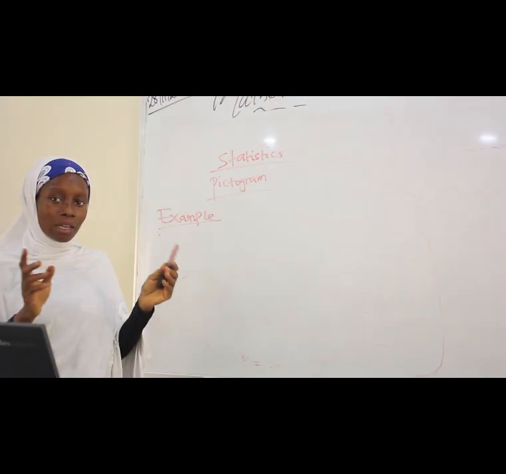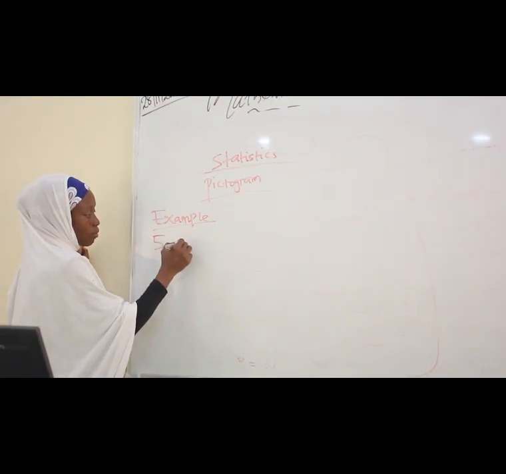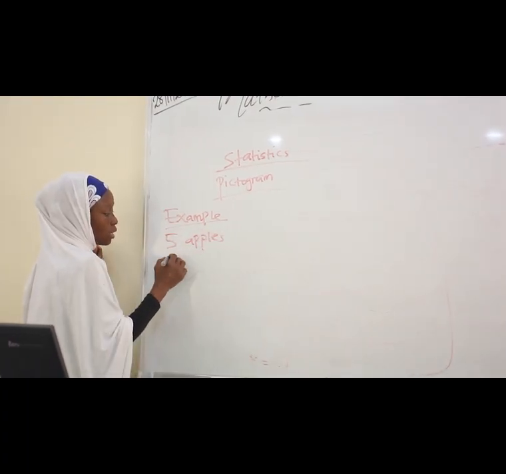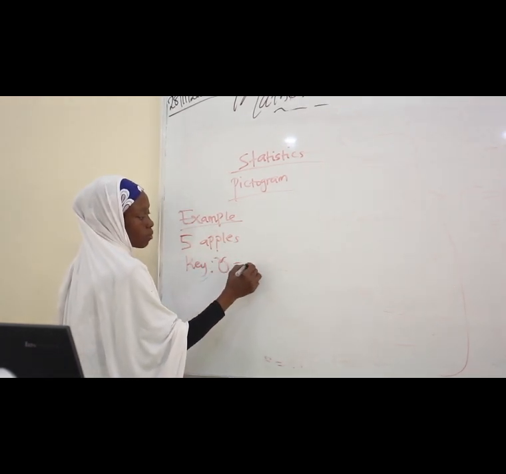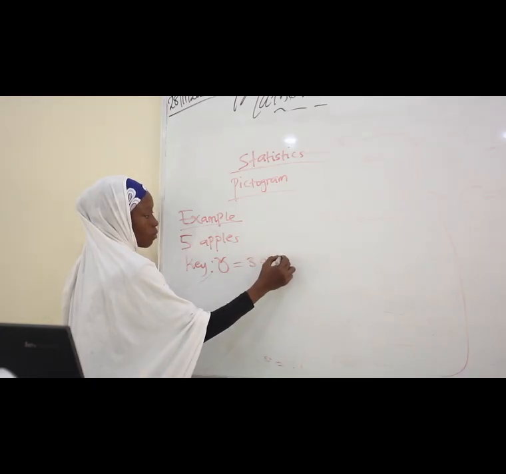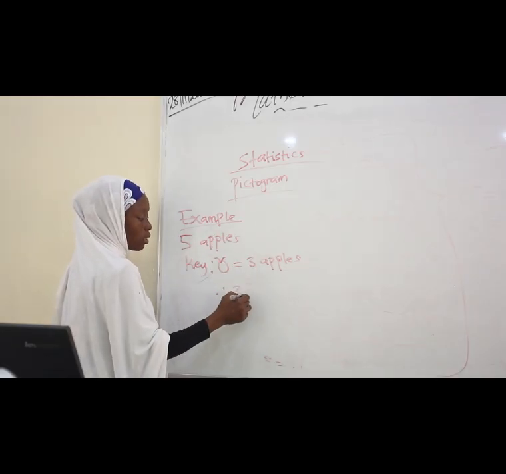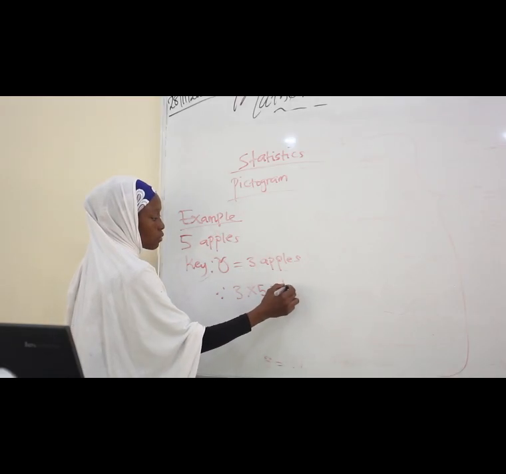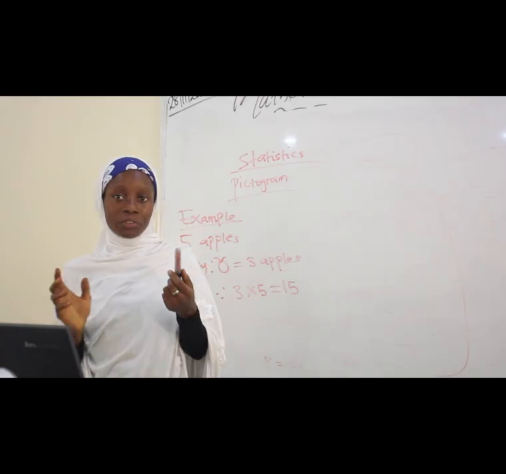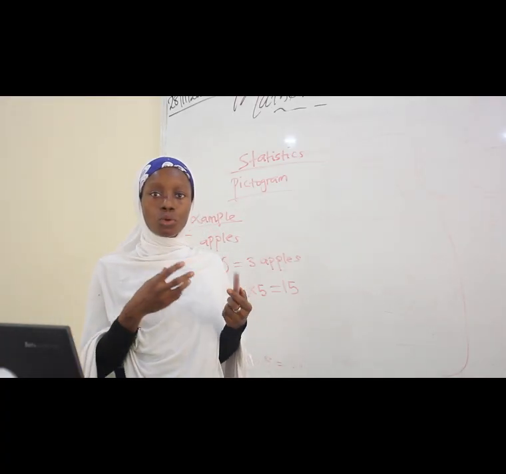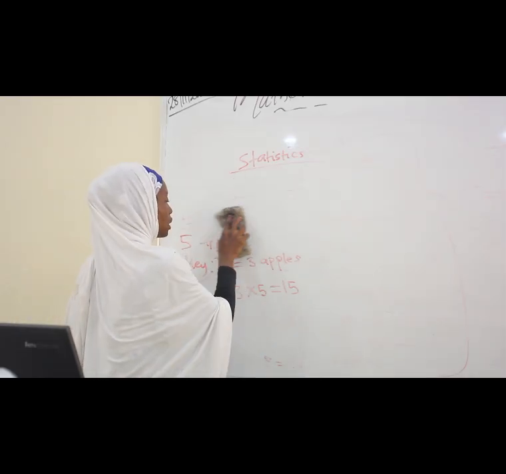That is 3 times 5, which gives us 15. So pictogram is the representation of data using pictures, and we work with a key. We multiply the key by the total number of the pictures.